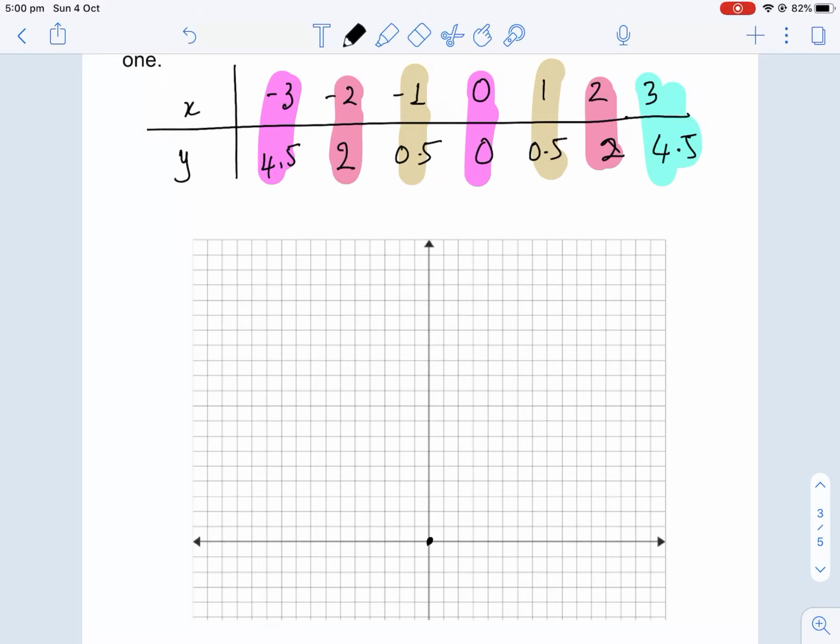If x is -1, then y is 0.5, one point. -2 is 2, and 1, 2.